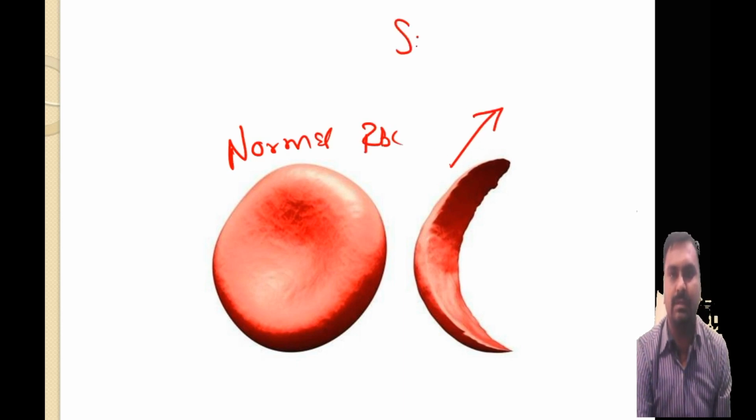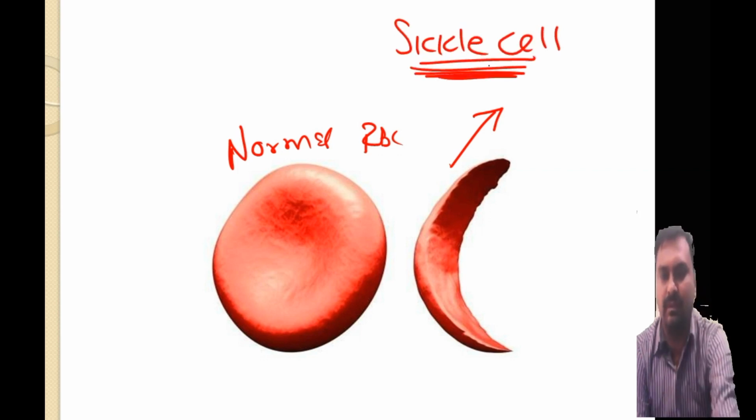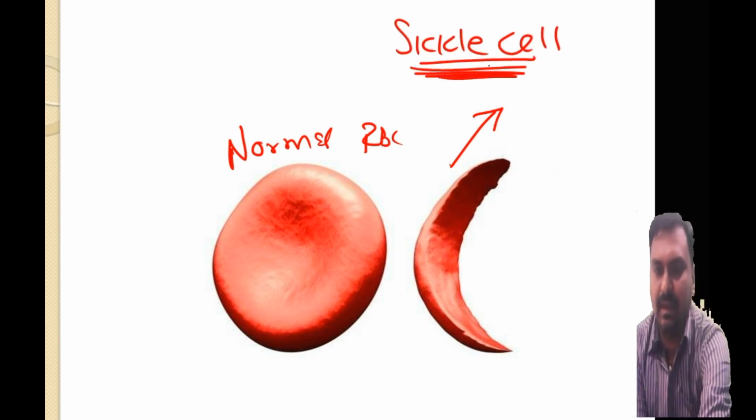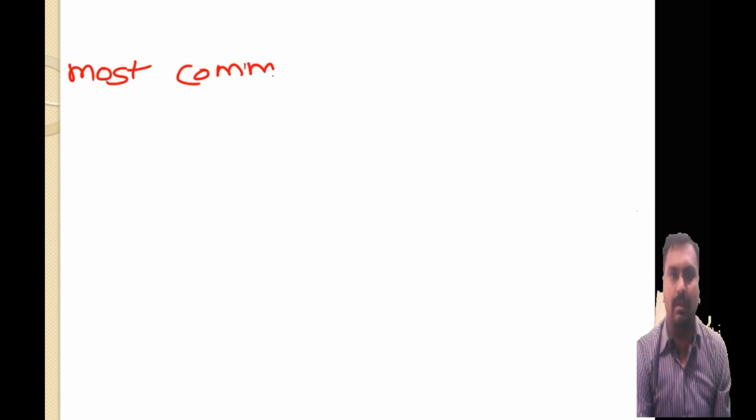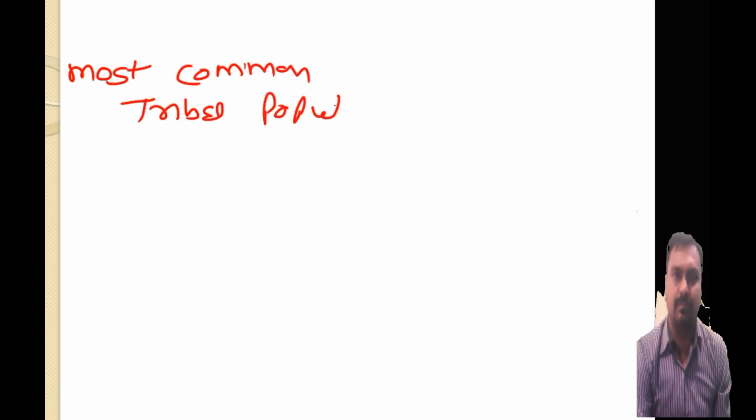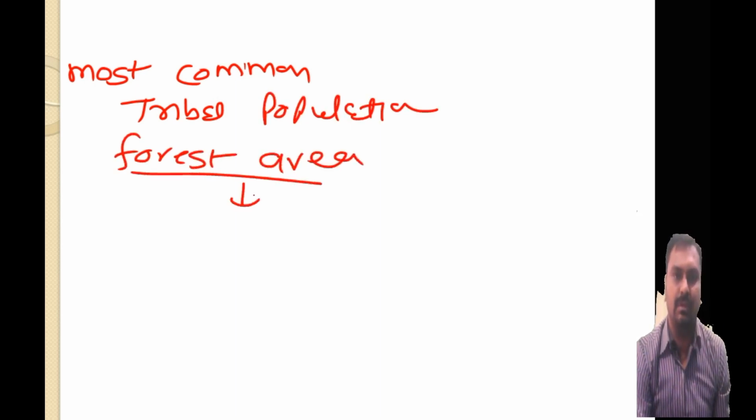So this is a normal RBC, and this is a sickle shape RBC. That's why its name is sickle cell anemia. It is most common in the tribal population, or persons living in forest areas.